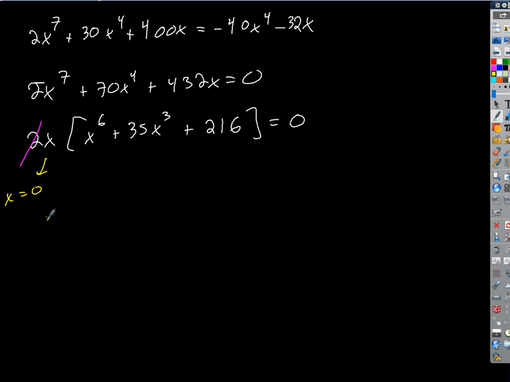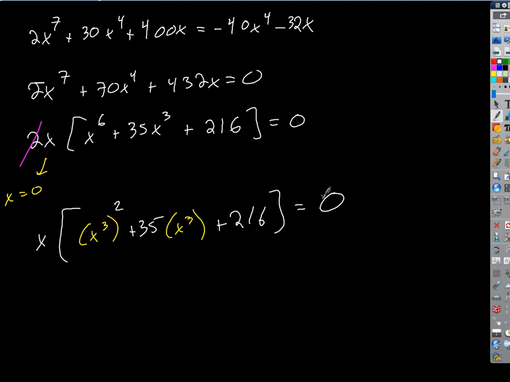So this whole thing then just looks like x times x cubed squared plus 35 times x cubed to the 1 plus 216, right?